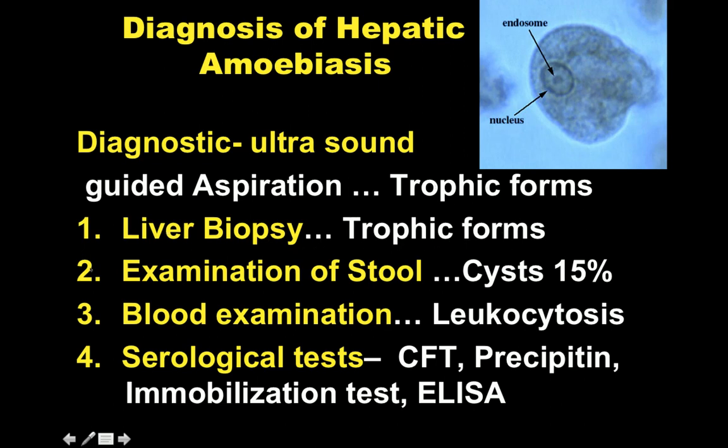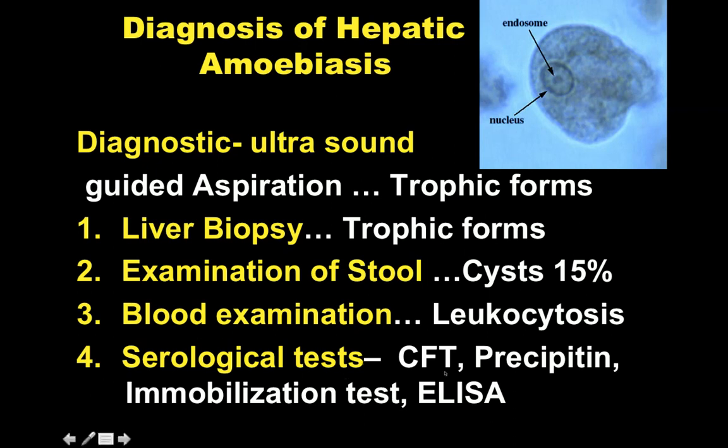Stool examination, cysts can be seen in 15% of these patients. Blood examination shows leukocytosis. Serological tests can be performed in case the liver is involved. The serological tests become positive because when this parasite is in the blood, it stimulates your immune system to produce antibodies, and these antibodies can then be detected by these serological tests.